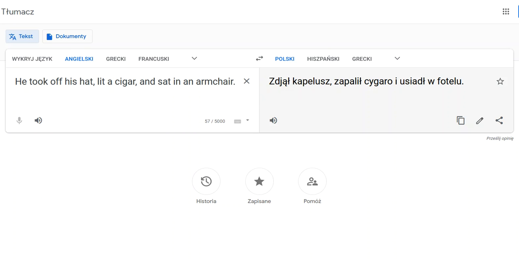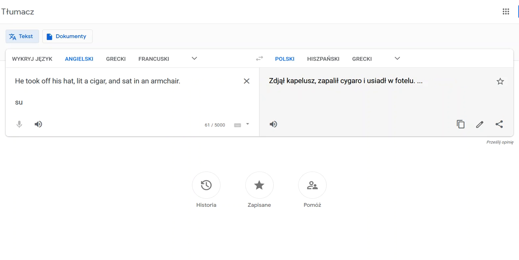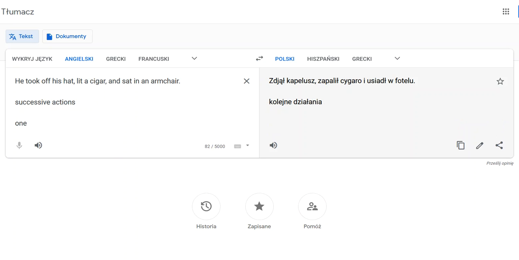Okay, so these are successive actions. Successive actions. Okay, one after the other.